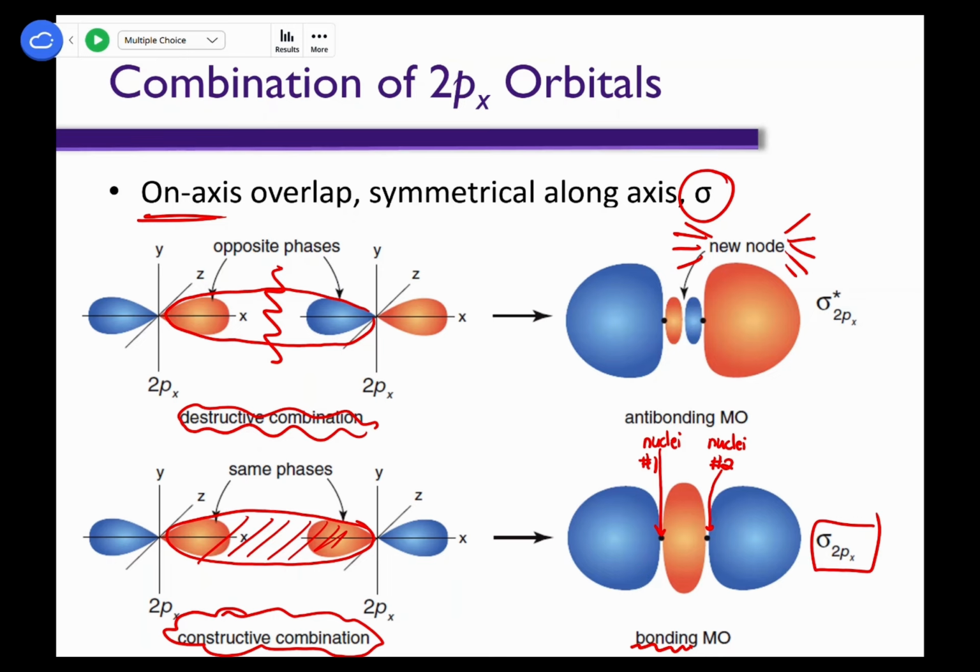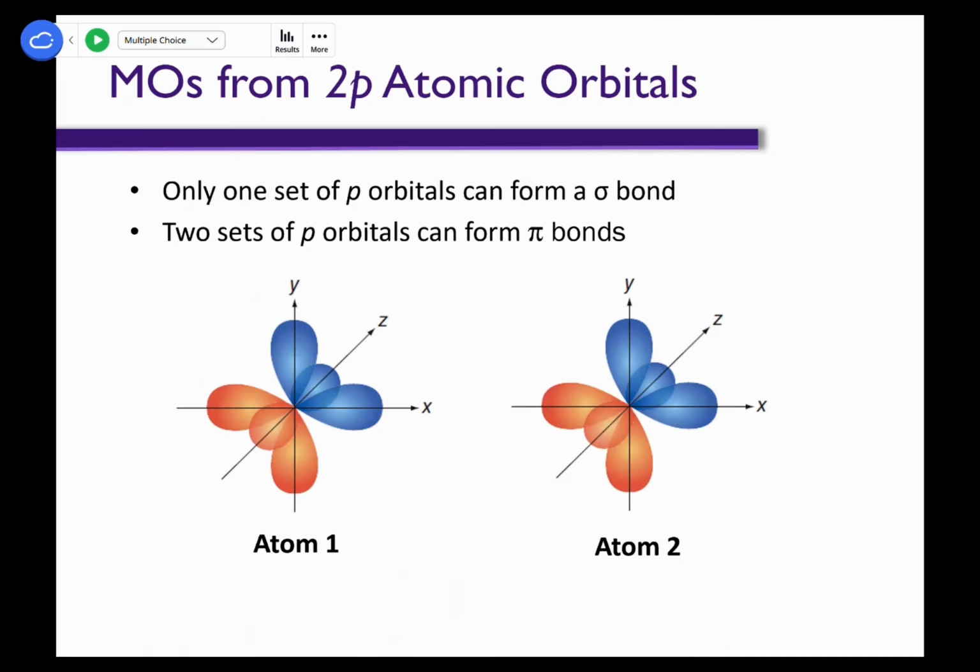When we bring them in contact out of phase, we have the original node, and a new planar node as well, just to keep it exciting. So a new node forms. Now we call this the sigma star, or the antibonding orbital. Electrons in this orbital are destroying the molecule and tearing it apart. So we have a sigma 2px and a sigma star 2px, bonding and antibonding.